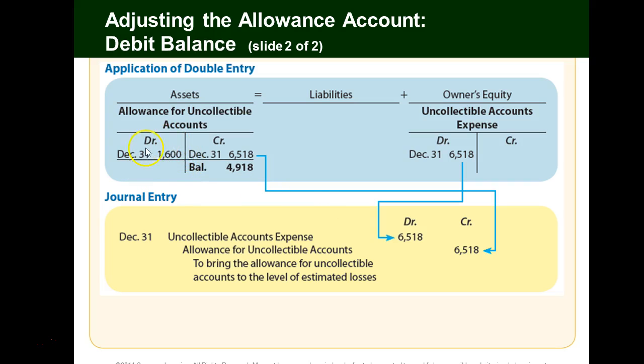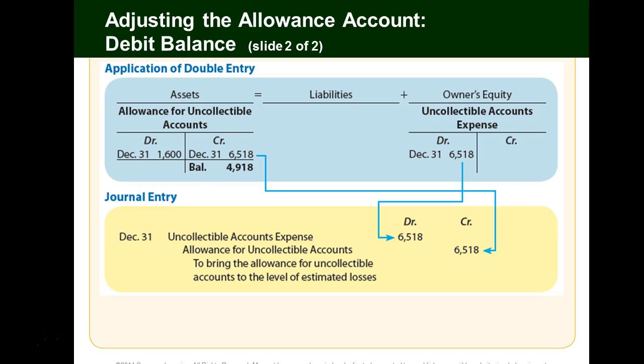You see here, we had a debit balance of $1,600. But if we want a credit balance of $4,918, we're going to have to credit this account $6,518 to get that. Does that make sense, guys? If we've got a debit of $1,600, but we ultimately want the credit to be $4,918, we're going to have to credit $6,518, because $6,518 minus our debit of $1,600 would give us a balance of $4,918.